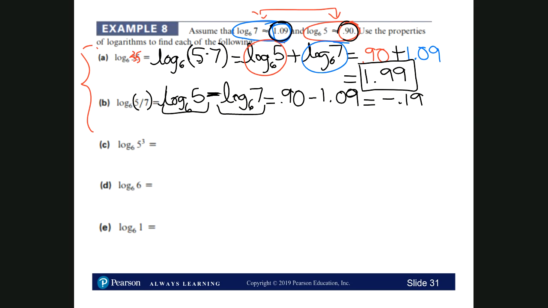Now the next one, we are going to use the power property. So we're going to take that exponent, bring it to the front. And now instead of being the exponent of the argument of number 5, it will become the coefficient of the logarithmic expression.